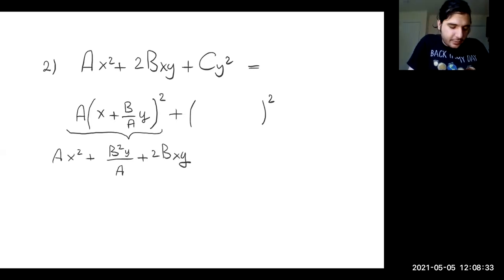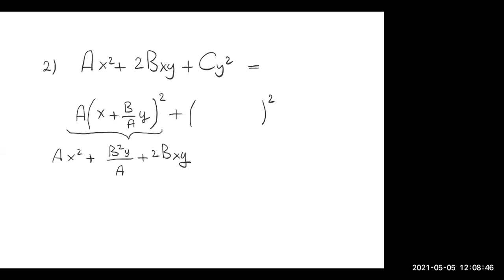That's what we would get from the first thing. And then the next term would be b squared over a plus c, all in parentheses, times y squared. And so I guess I wrote it wrong. It's not something squared, it's something times y squared.